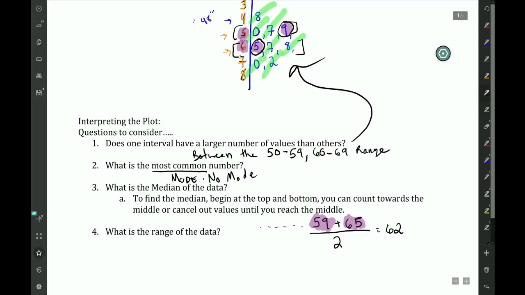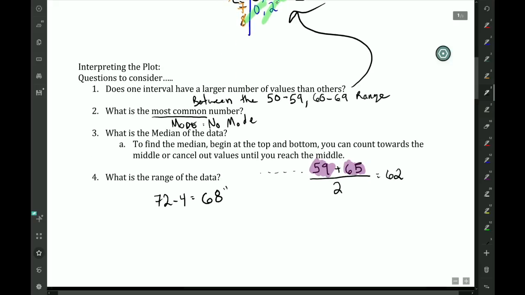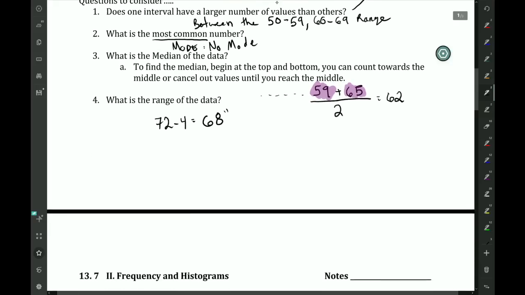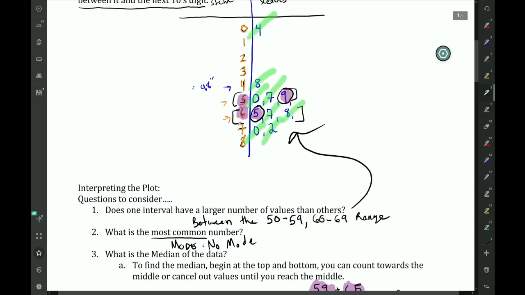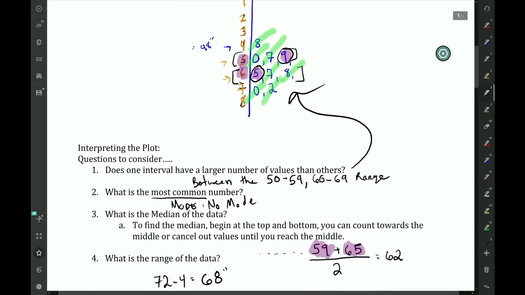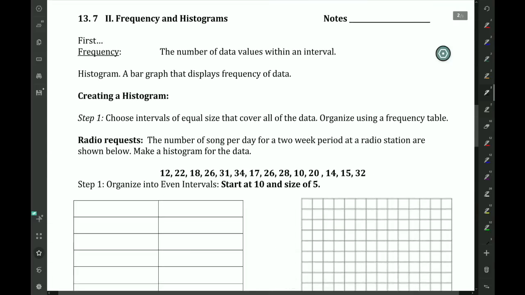So we have 72 minus 4, which is 68. Wow, 68 inches is the range. Okay, and that's really about it. Stem and leaf plots: the main idea is being able to find the median and also the mode if there is one. Next up are frequency and histograms.